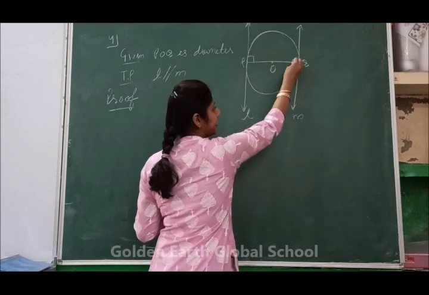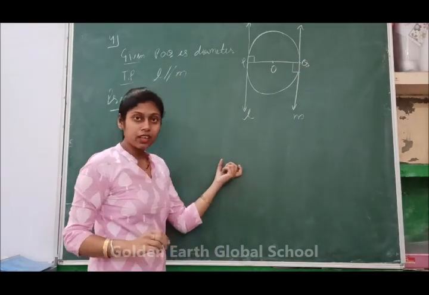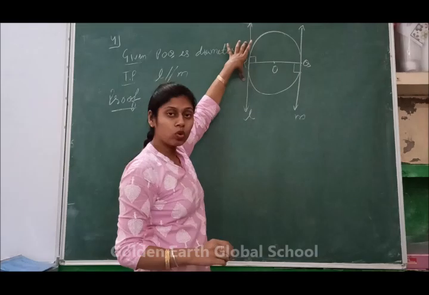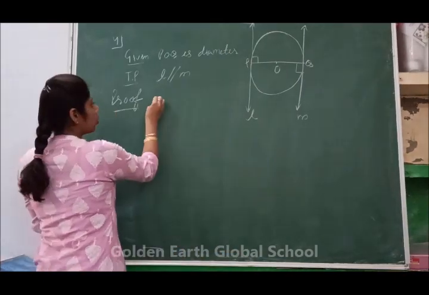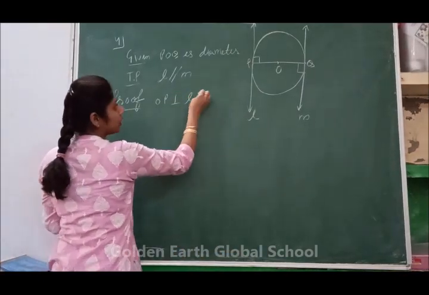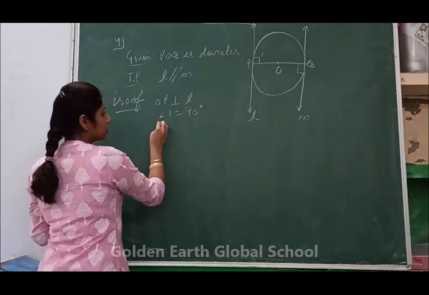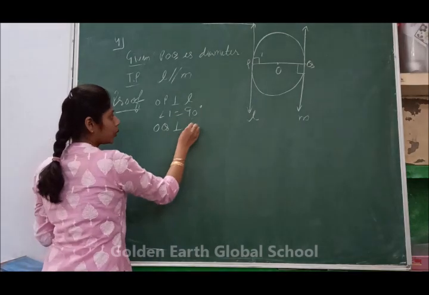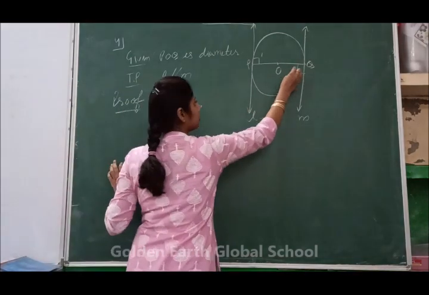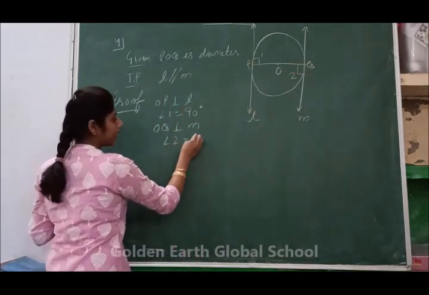This is a 90 degree angle, this is also a 90 degree angle, because radius is perpendicular to tangent. OP is perpendicular to L, so we can say angle 1 is 90 degree. Similarly, OQ is perpendicular to M, so mark this angle as 90 degree.